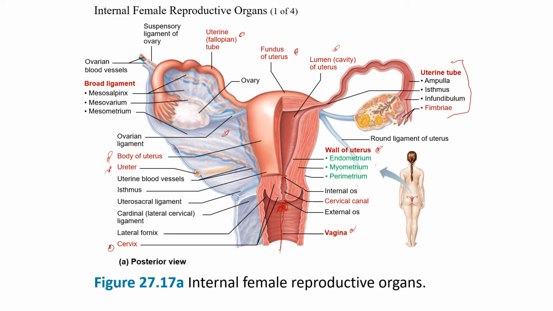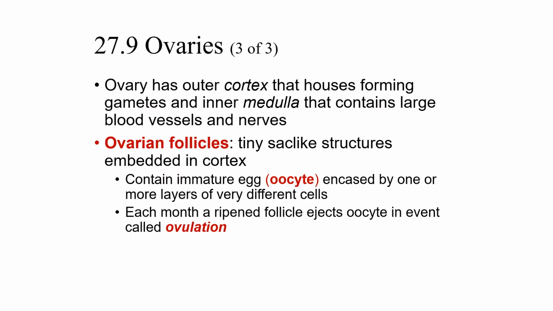And then the sperm will find their way into either uterine tube, and if there's an egg in there, it may very well fertilize it. You never know. You just pretend they do.